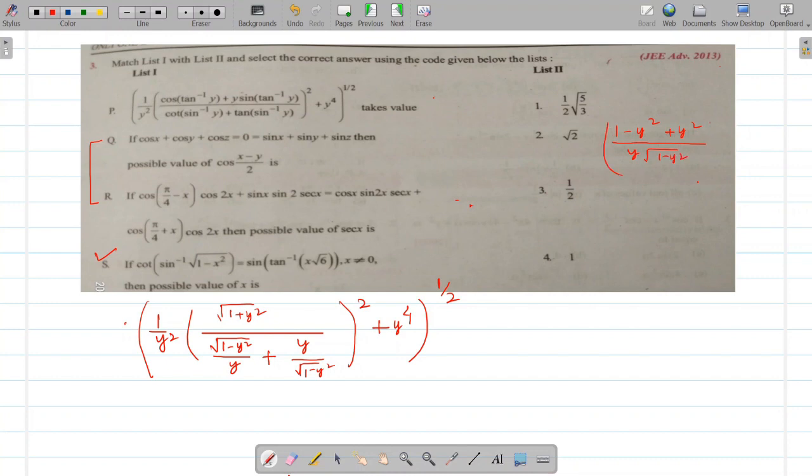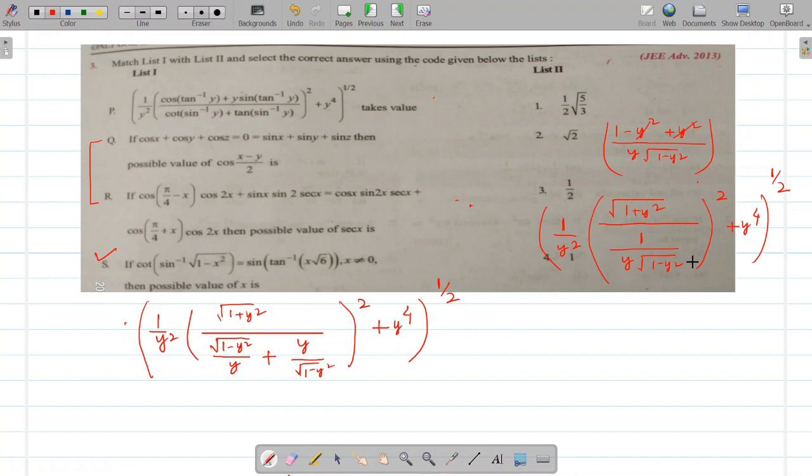I just took the LCM there in the denominator, and this y square cancels, and so we'll get under root of 1 plus y square divided by 1 upon y into under root of 1 minus y square, and this whole square, there is a pre-multiplication of 1 by y square plus y raised to the power 4 to the whole power 1 by 2.